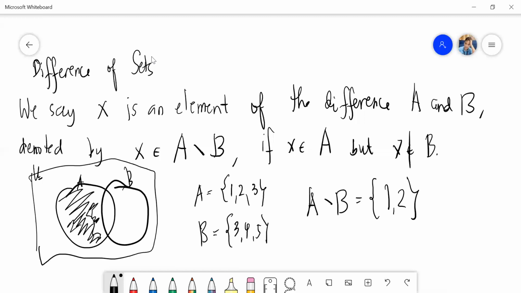That's it. This is different when we say B minus A, because we have to enumerate all elements in B that A does not have. Like 3 is in A, so we only write 4 and 5. That's it.